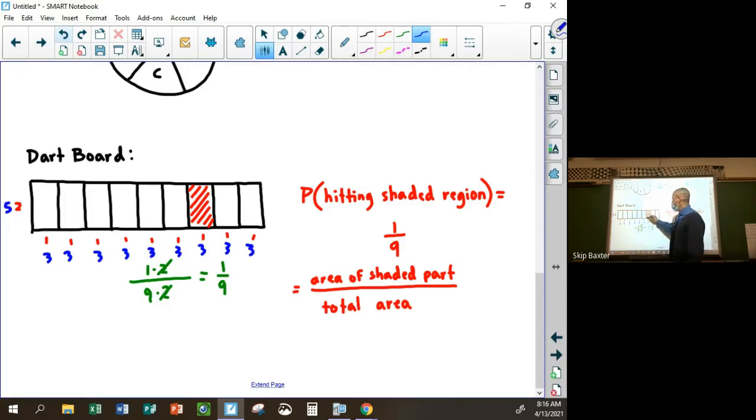This area right here would be 3 times 5. And the total area would be 27 times 5. I would get the same answer. The 5s would reduce, the 3 and the 27 would simplify to be 1/9. I'd get the same answer. It doesn't matter what I assigned to be lengths. It just turns out to be the same thing, same ratio, the same probability. Okay?